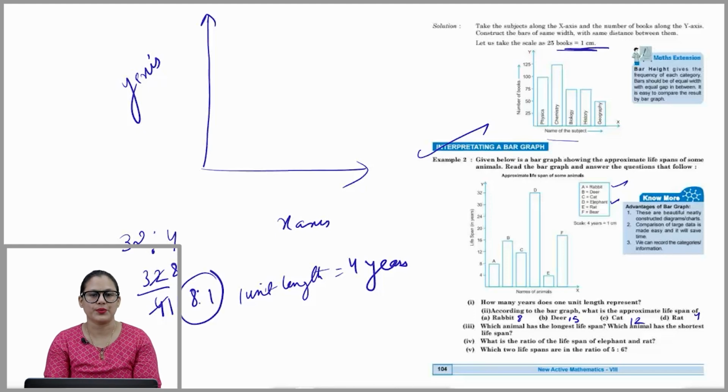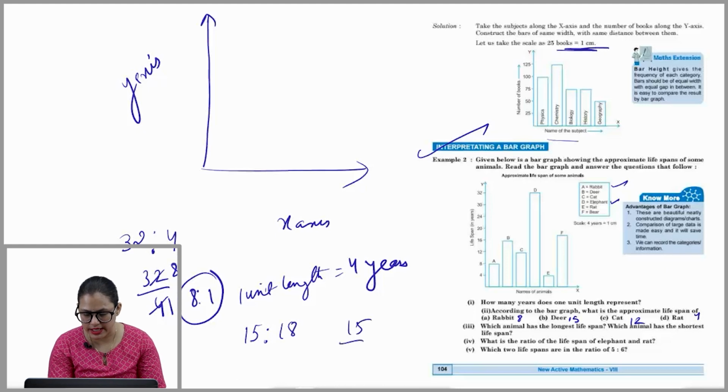This is the ratio. And which two lifespans are in the ratio of 5 is to 6? How can we find the ratio of 5 to 6? Let's take the ratio of deer's lifespan. Deer's lifespan is 15, and bear's lifespan is approximately 18.